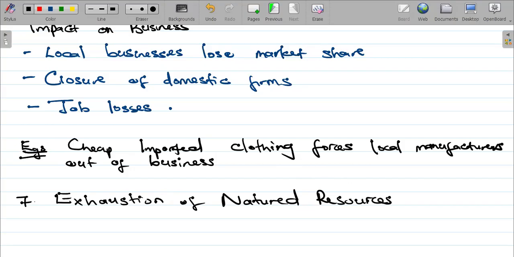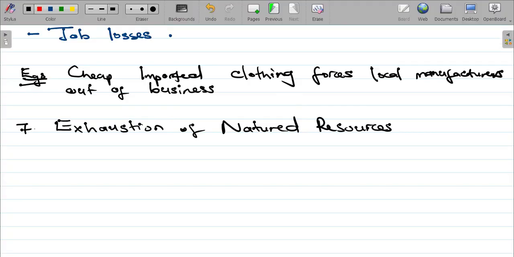Right. So let's talk about the impact on productivity when there's exhaustion of natural resources.